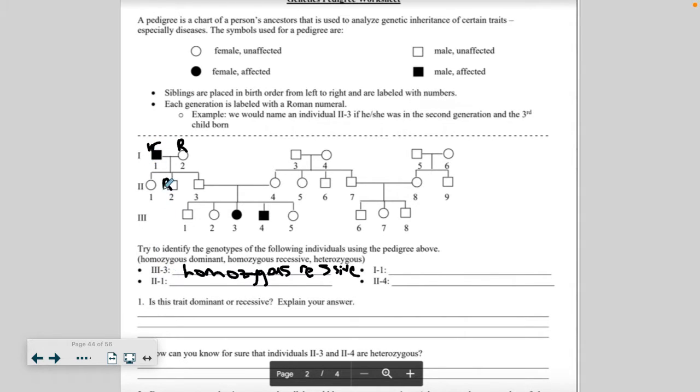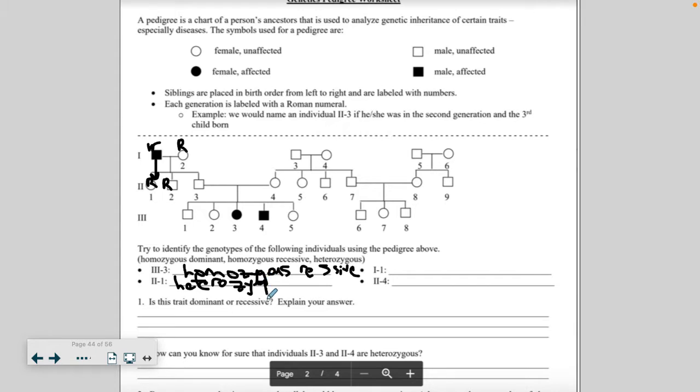Oops, Roman numeral 2, 1, sorry, this person right here. Sorry, wrong square. So you get the big R from number 2, and 1 can only give a little r, right? So 2, 1 is actually heterozygous.